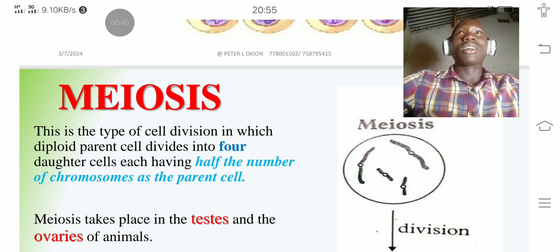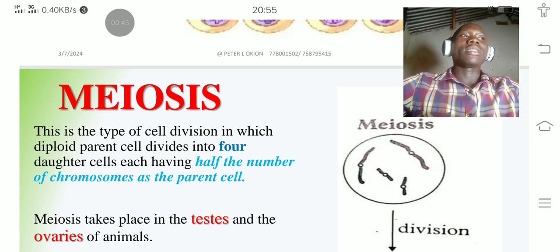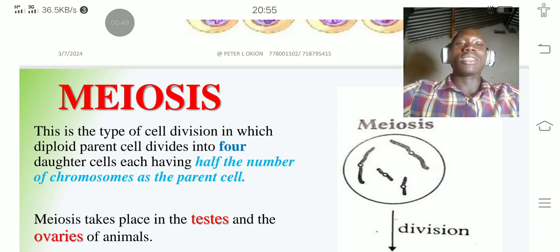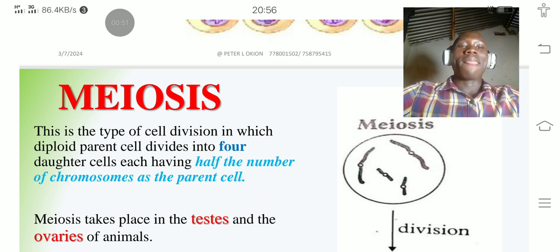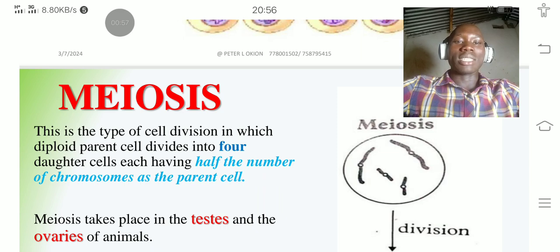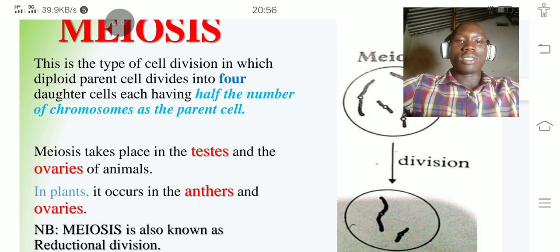So you are seeing that a diploid parent cell is dividing, giving us haploid daughter cells. Understand? So that is meiosis.